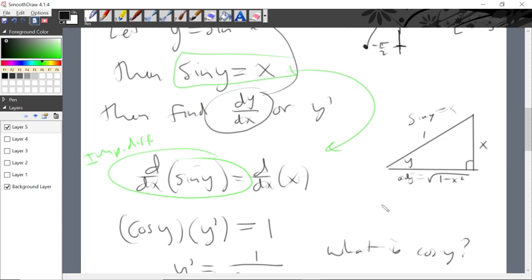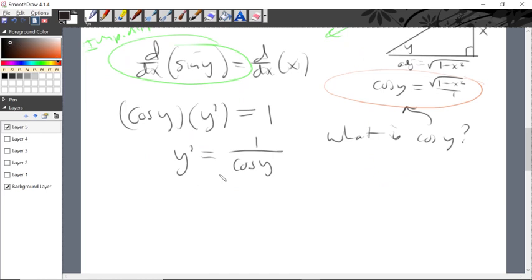And using this same triangle, the cosine of y, which is adjacent over hypotenuse, would equal root 1 minus x squared over 1, or just root 1 minus x squared. So we now have an expression in x for the cosine of y.